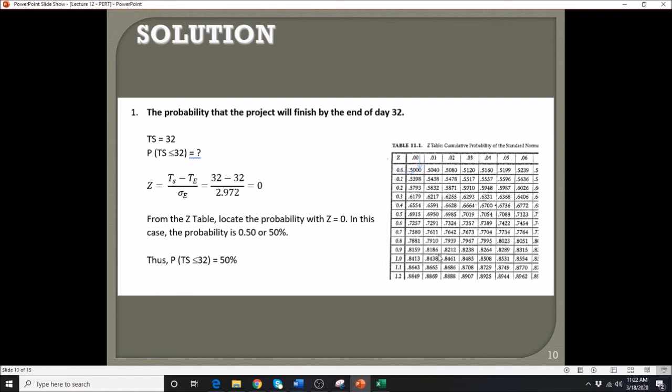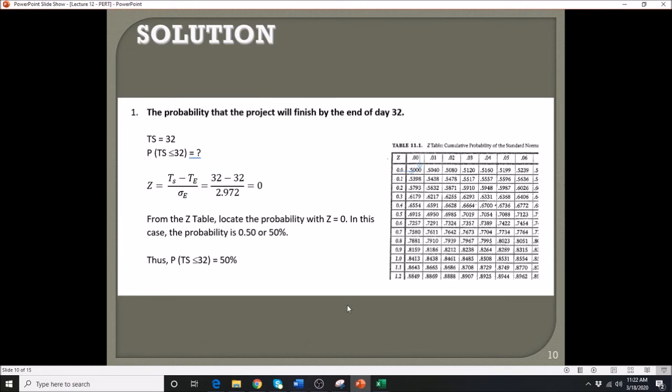So we are going to use your Z table here, okay? The Z table has rows and columns. The first column corresponds to the first whole number and the tenths of the number, and the first row corresponds to the hundredths decimal.